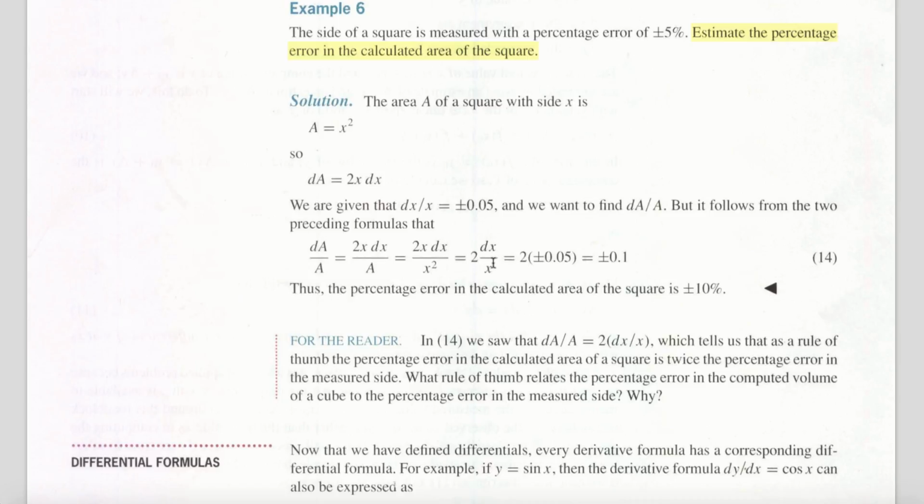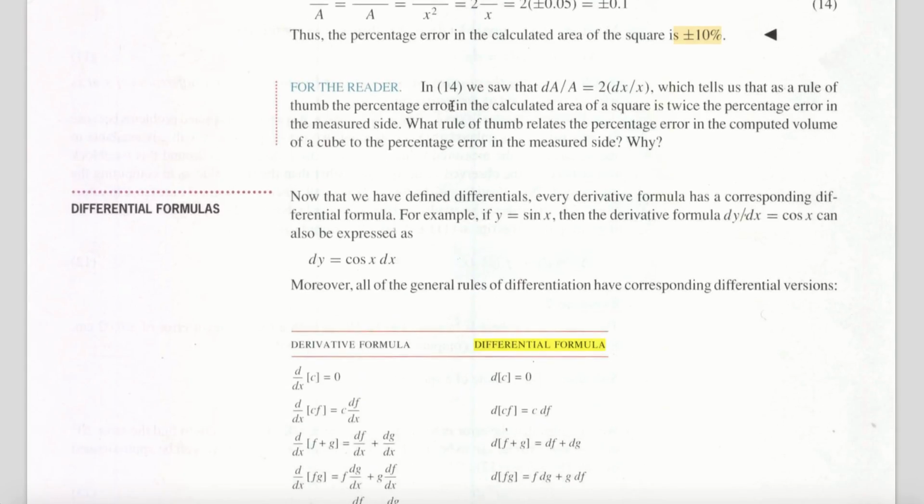Now I can replace dx over x with the percentage error, and that gives me plus or minus 0.1. And so the percentage error calculated in the area of the square would be plus or minus 10%. So just as a review, by being off plus or minus 5% in the side length, I can be off plus or minus 10% in the area.